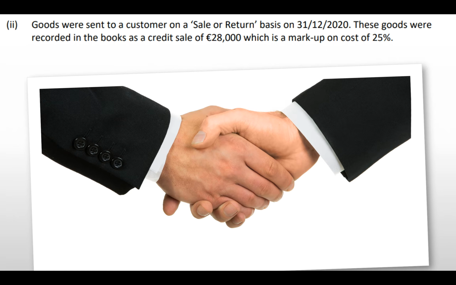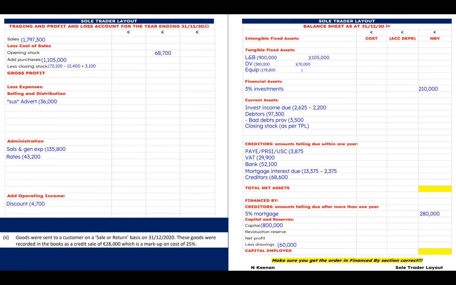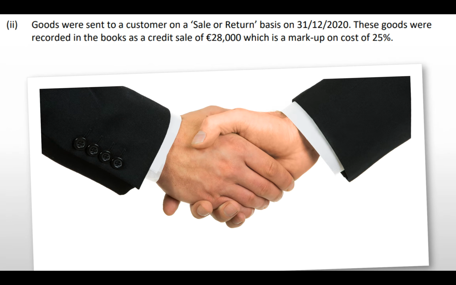So in these adjustments, the business's bookkeeper enters the sale or return agreement at the end of the year, 31st of the 12th, as a credit sale or credit purchase by mistake, and now it's just your job to fix it. So in this adjustment, we will see it was goods sent to a customer and it was a credit sale, so we have to rewind the credit sale. What the bookkeeper did by mistake was they did closing stock minus cost price, and then sales plus selling price, and then debtors plus selling price.